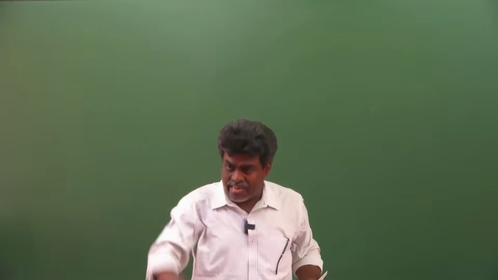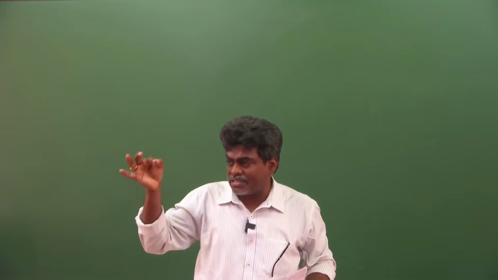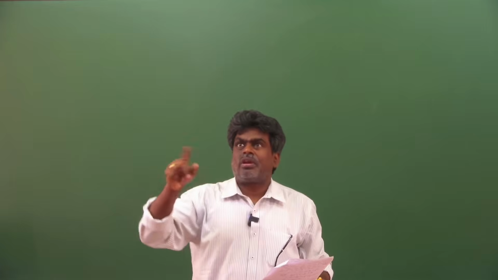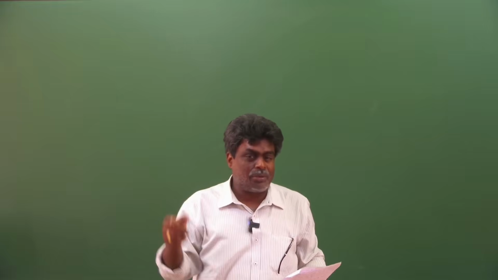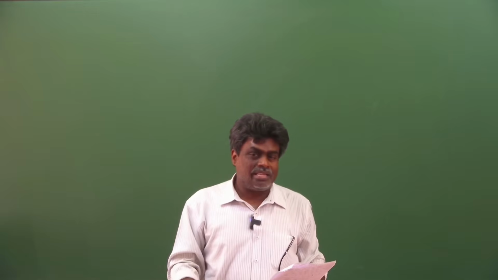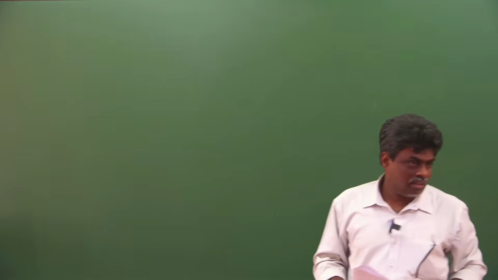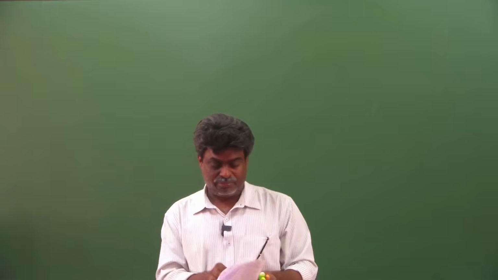First say EF. EF is proportional to n power S by D. Your S is 1, your D is 2. So n power 1 by 2. So EF is proportional to n power 1 by 2, and n is proportional to EF square. Now come back.